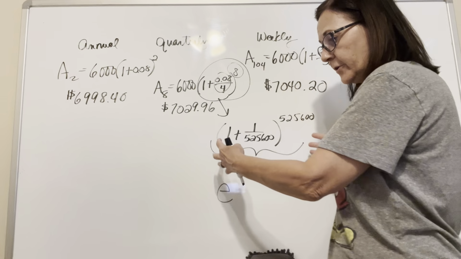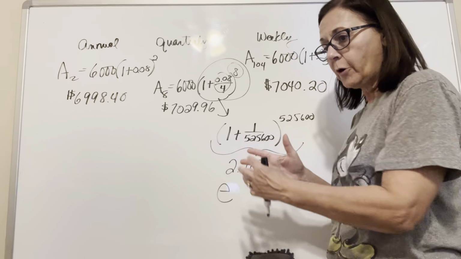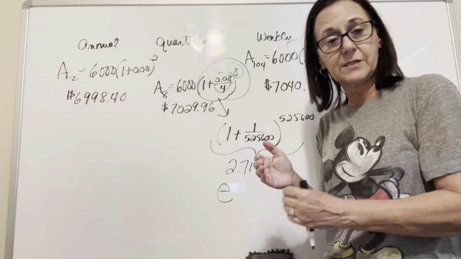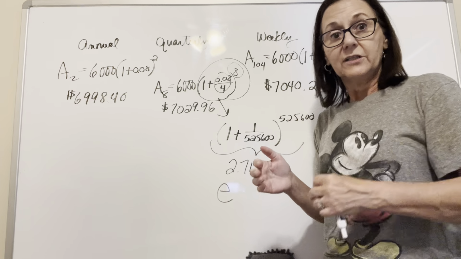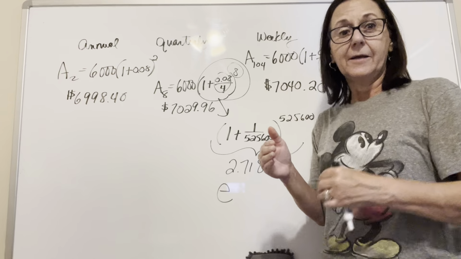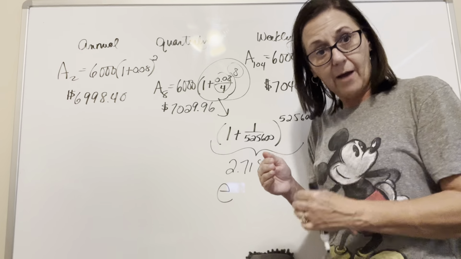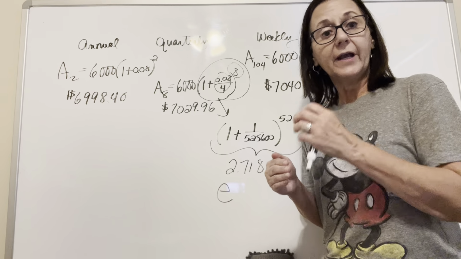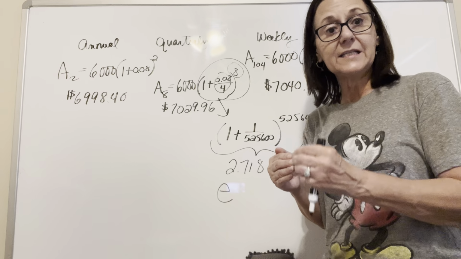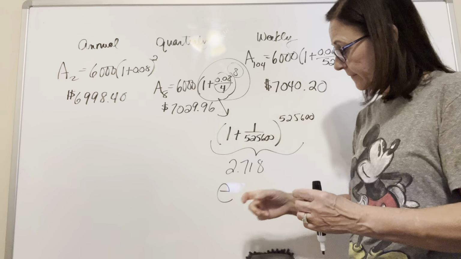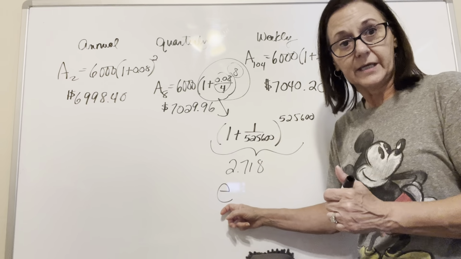But as the time period gets smaller and smaller and smaller, we're approaching continuous compounding, such that every second that interest is compounding. And when your interest is compounding continuously, then we're always going to use E.